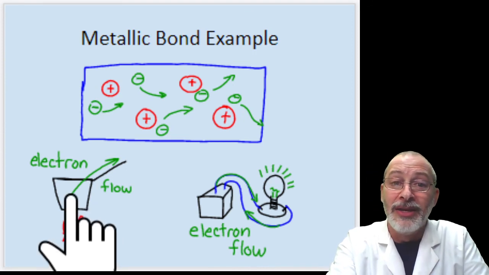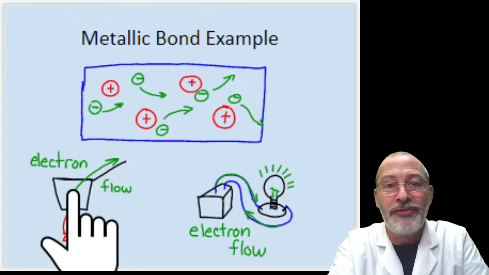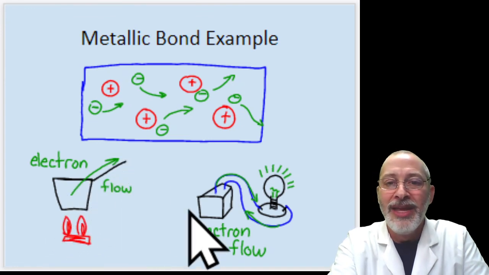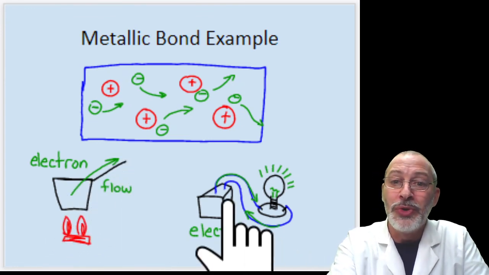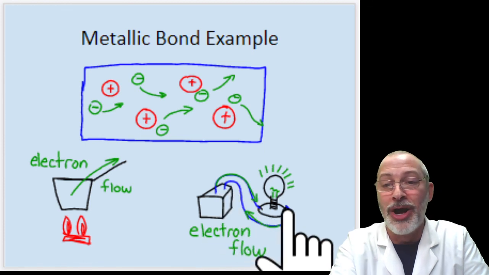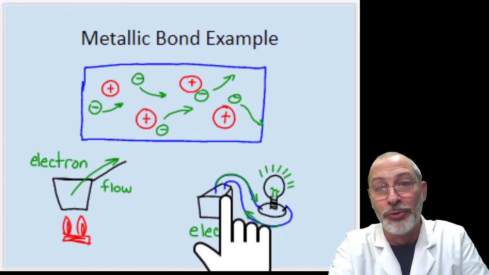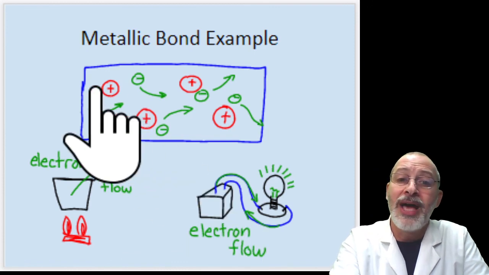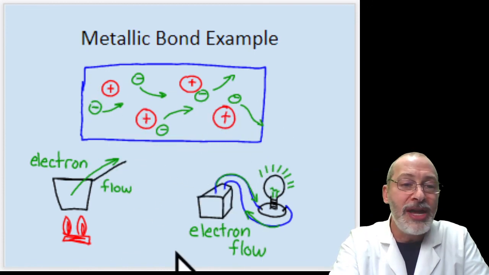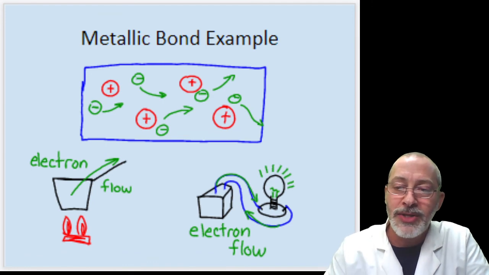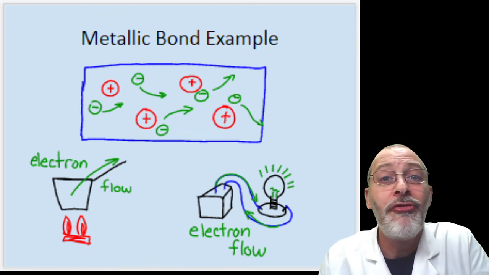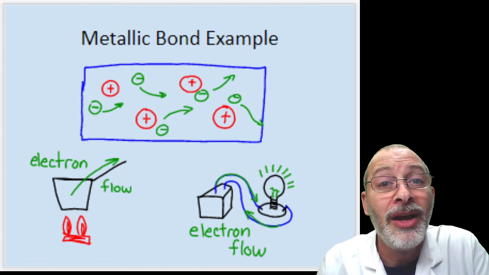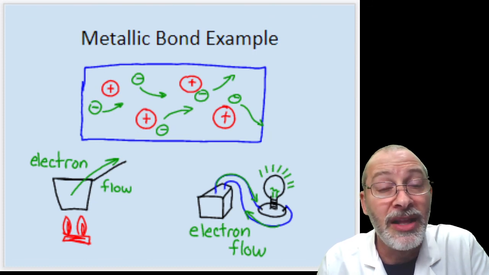Heat is energy flowing through the metal, and electricity, which is nothing more than electrons flowing through a metal or another substance. But metallic bonds are great conductors of heat and electricity because of the free flowing nature of the electrons, the valence electrons.